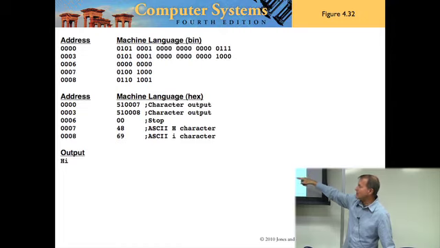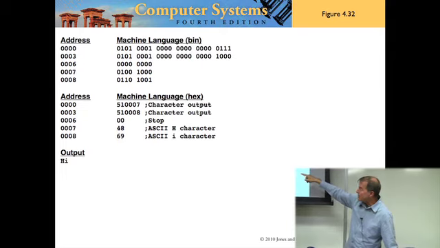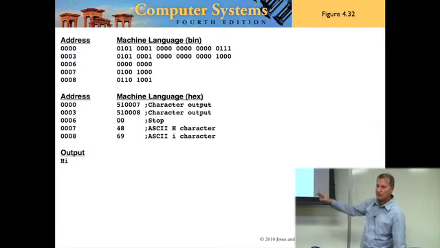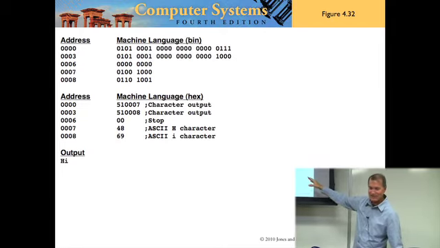So it goes down to 0007 and takes that 48, and that 48 comes out as the letter H. And then the second instruction says output from 0008, so it goes down to 0008, takes that bit pattern 69, interprets that as an ASCII character, and outputs the letter I. And then the next instruction is stop, so the program stops. All right. Does everybody see how that worked?